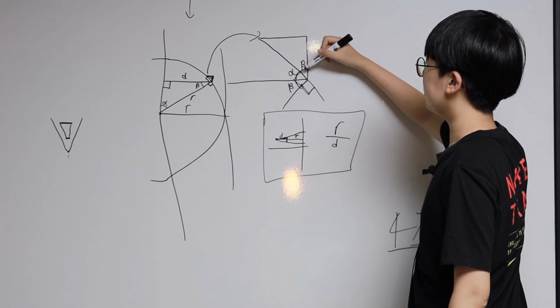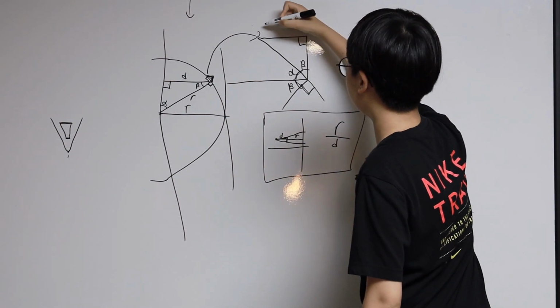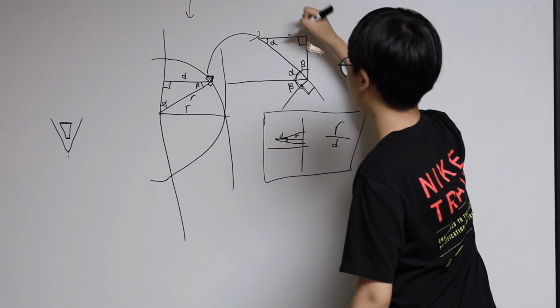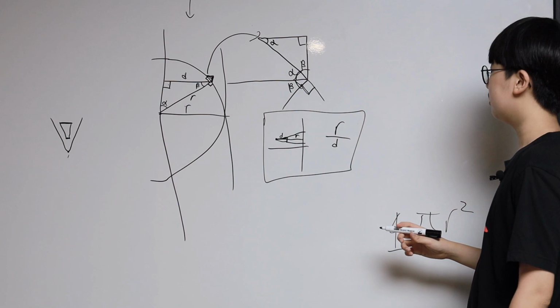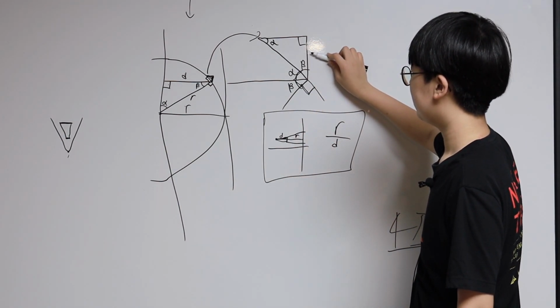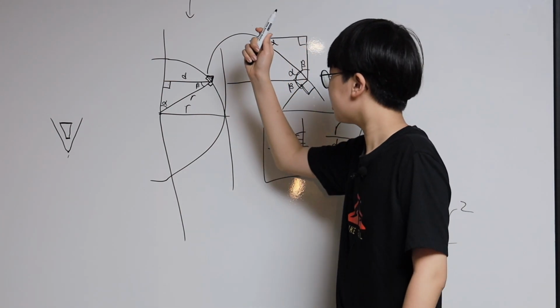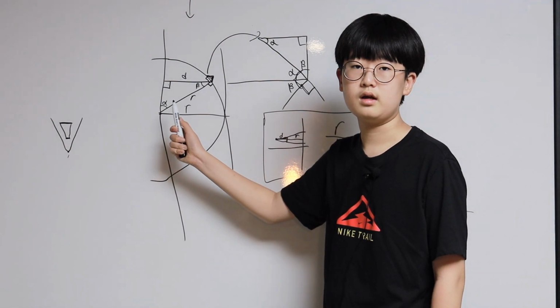And also, because this is 90 degrees, this also turns into alpha. So, what can we see here? This triangle is mathematically similar to this triangle.